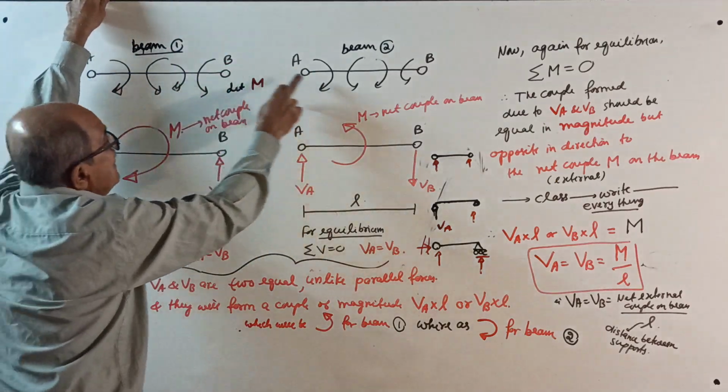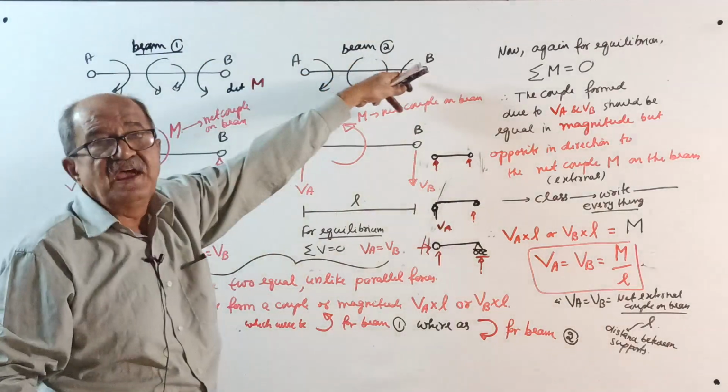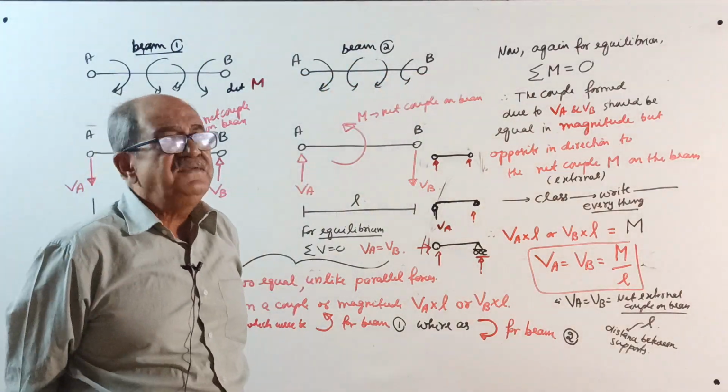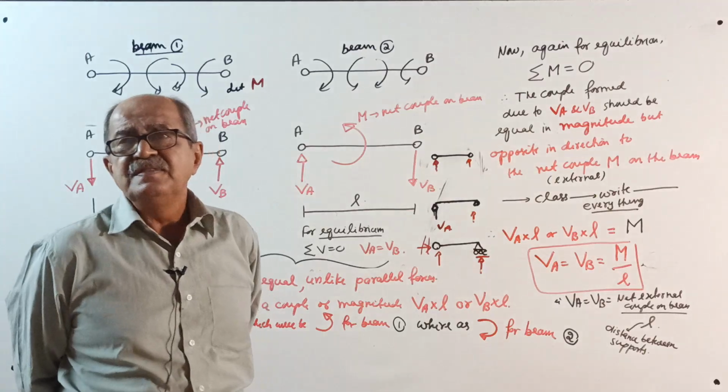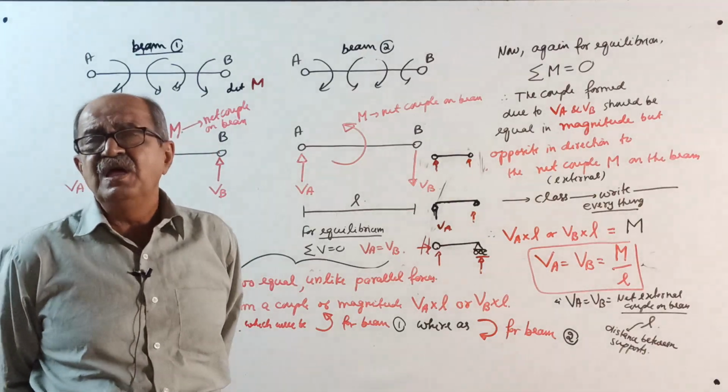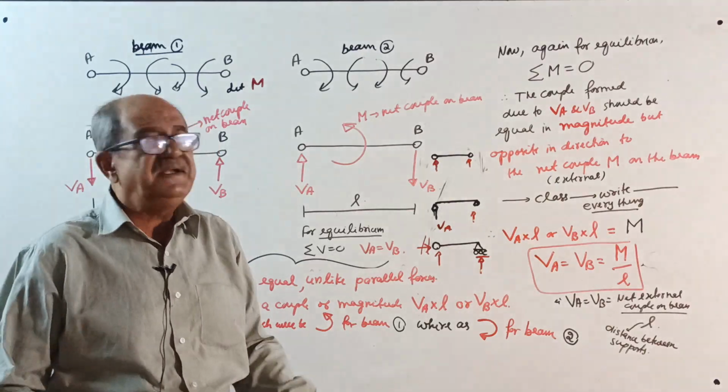These are all external couples. Be careful, right here: external couples. That is action. These couples are all action. Let M be the net couple or resultant couple. I will use the word net couple, the net effect.